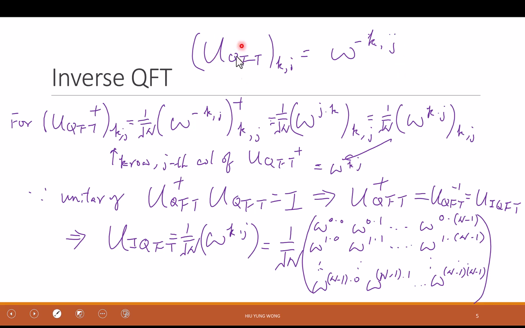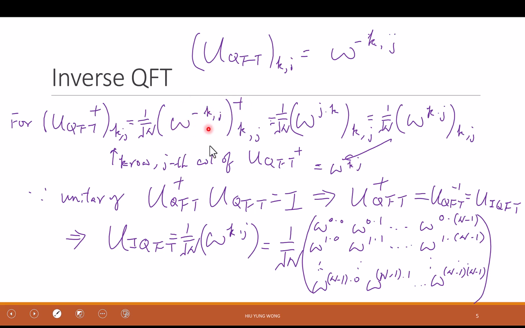When I write U, this is a matrix, and then when I say kj, I mean the kth row, jth column element. So this is the one, right? So let's look at this. This is the matrix, but then we take the kth row and jth column, right? Now here, yes, it's a little bit tricky. This is not that strict, but I should say I take the transpose and then the complex conjugate.